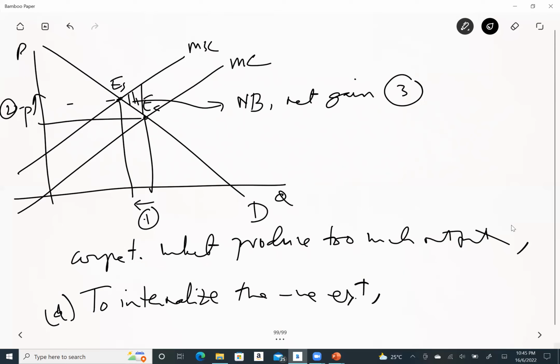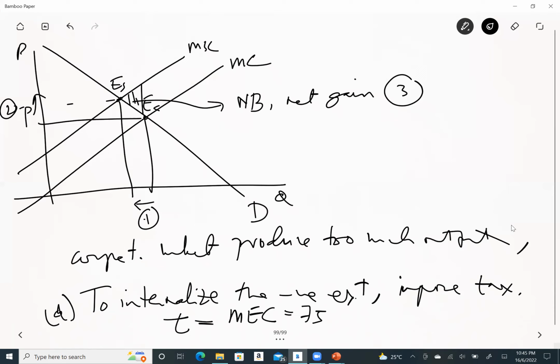Corrective tax. To internalize, the government imposes a corrective tax equal to the marginal external cost, here 75.